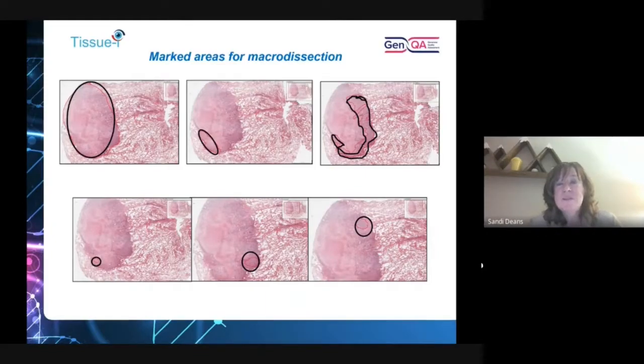There's also different ways of marking up for macrodissection, and along the bottom here, the 3 images were submitted from a single participant who has marked up 3 very discrete areas for macrodissection. Now, most people in the laboratory know that it's very difficult to scrape off accurately particular areas of the tissue from a slide, and I think particularly the one on the bottom left would be quite difficult to do in the laboratory.